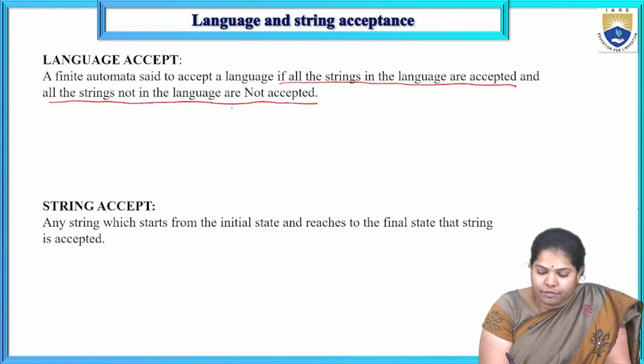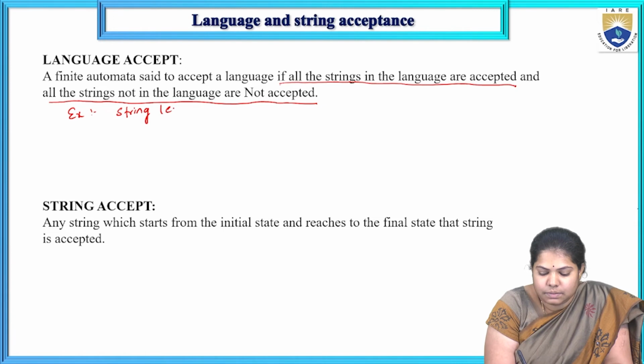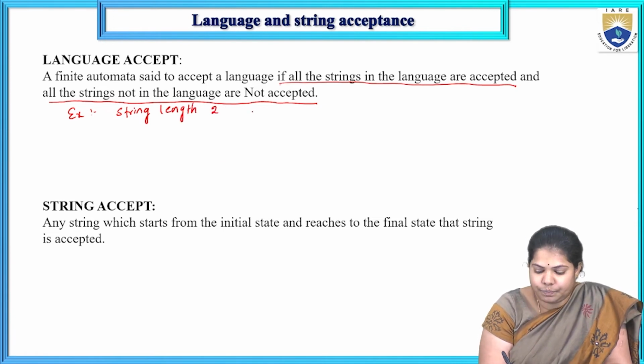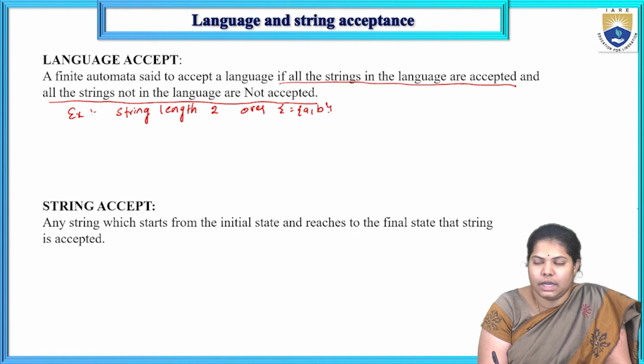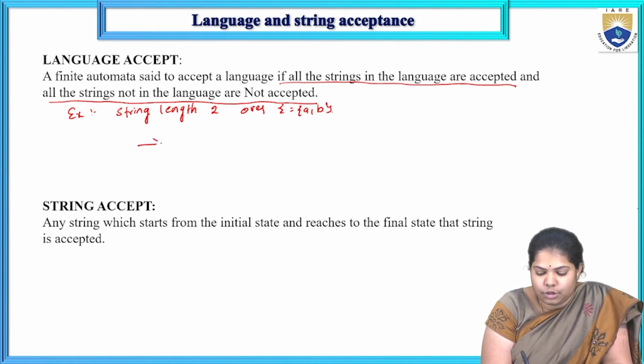So if I take an example like strings of length 2 over {a, b}, how do I draw the DFA?